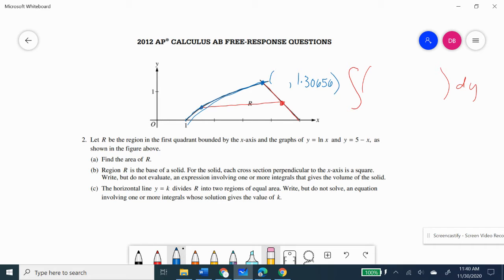1.30656. And you are going to be integrating from y equals 0 to y equals that number.